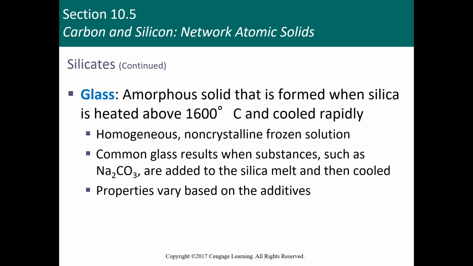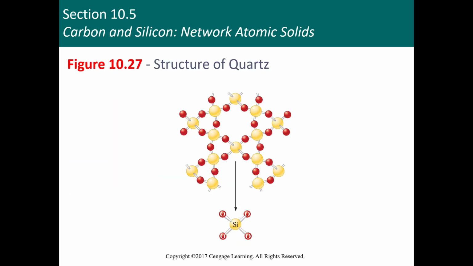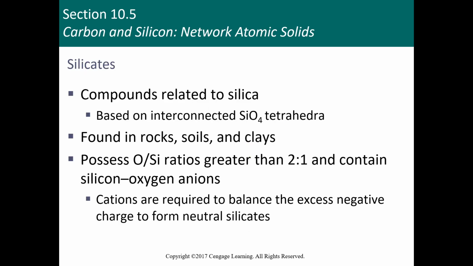Glass. This is going to be an amorphous solid that is formed when silica is heated above 1600 degrees Celsius and cooled rapidly. And so you notice that this right here is quartz. This has a crystalline structure.